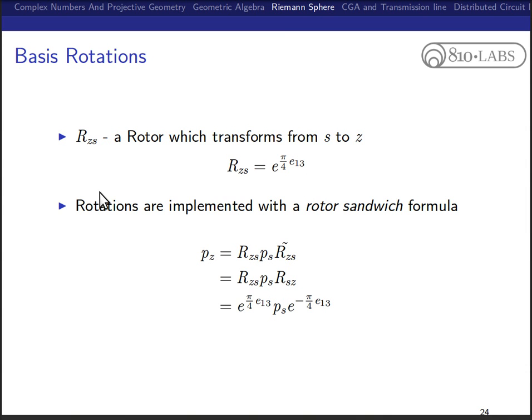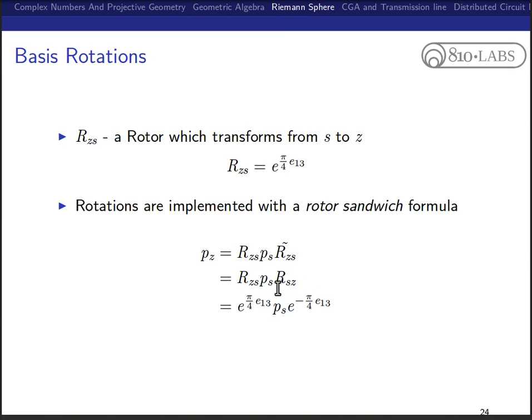Okay, so as I said earlier, rotations are implemented with the sandwich formula. So to actually find the point P sub Z, we form this. And this tilde over here means reversion. So you'll have to learn more about geometric algebra to figure that out. But it's not complicated. It just changes the sign of the exponential for a rotor. And so I've defined another rotor here to be the reversion of R sub ZS, which is R sub SZ.